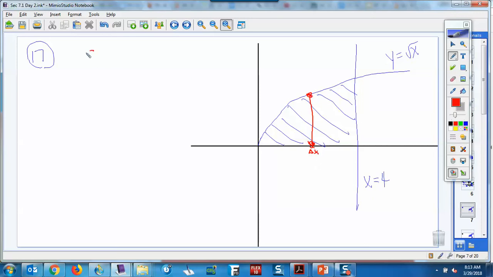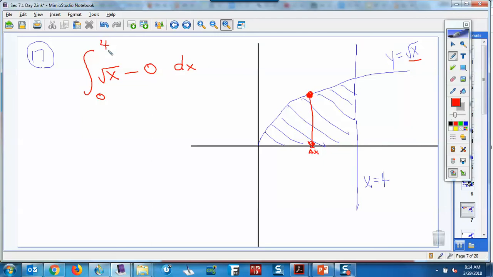Well, that's simply going to be the integral. Top y value is going to be what? Square root of x minus bottom y value, 0, times the width, and the strips are going to fill the space from 0 to 4. Now, I know you're looking at it, well, that's just a basic area.